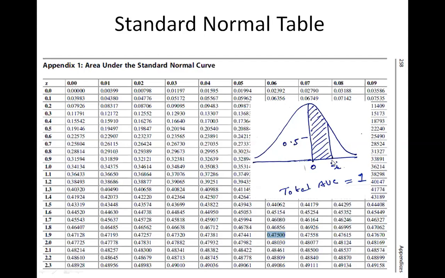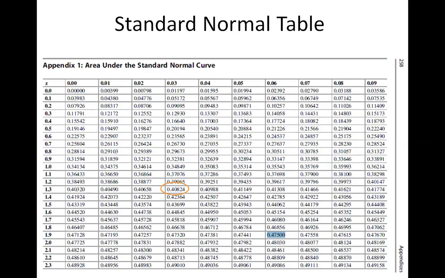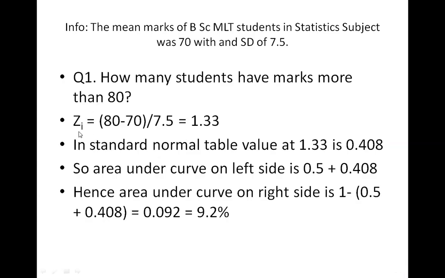And in my question, I was asked to find the area beyond this 1.33. So the area beyond this will be, total area is 1, so 1 minus 0.5 plus 0.40824. I have solved it here. So Z score is 1.33. In the standard normal distribution table, the value for 1.33 given was 0.408.